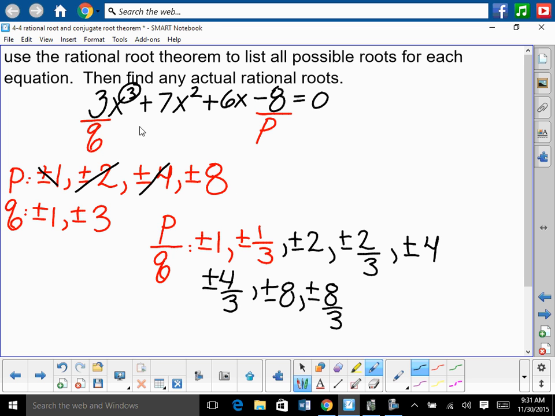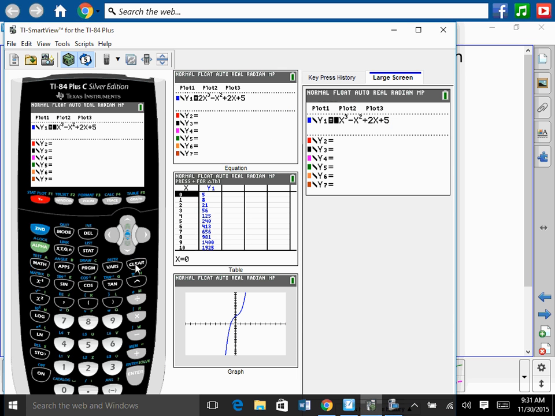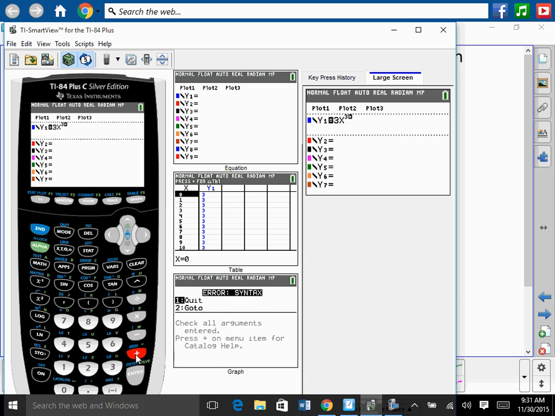We use our calculator, we graph the polynomial, and see which zero we are going to be looking at here, if any. So y equals 3x cubed plus 7x squared plus 6, oh crapola. I hate these way advanced calculators.